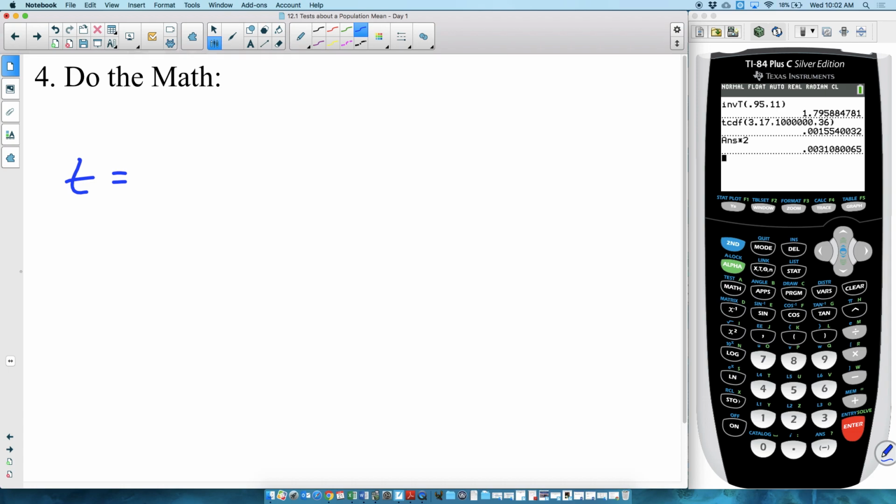So my value was what I got from the sample, that would be my X bar, minus the mean from the null hypothesis, so I'm going to call it mu naught, over the standard deviation, but now it's standard error because I don't know the population standard deviation. So I have to estimate it using my sample standard deviation, which is S over root n.